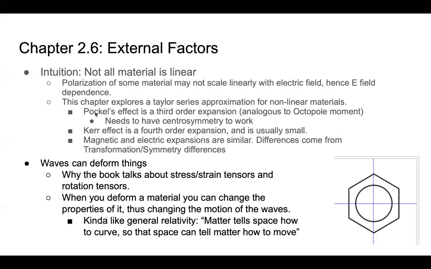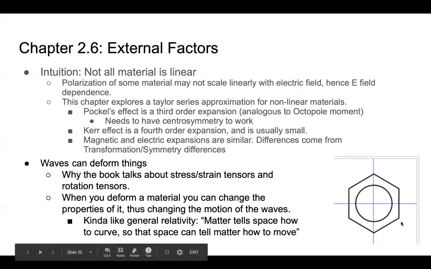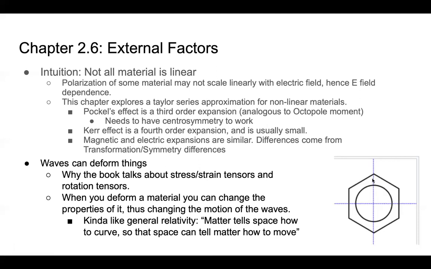There are these fancy names like Pockels and Kerr effects. So the Pockels effect is a second order expansion, and it needs to have a certain type of symmetry to work, called central symmetry. What that is, kind of like a starfish symmetry, right? If you imagine a starfish, or a hexagon, it's centrally symmetric. So all of its lines of symmetry go through the center. That's what central symmetry means. Like a hexagon or a starfish.